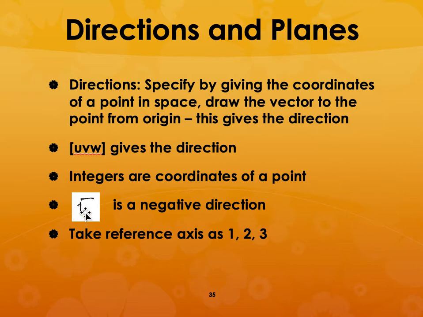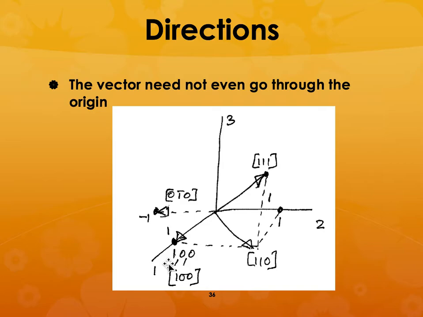If you have a direction from the origin in a negative direction, then you will have u bar, v bar, w bar, which will be a negative direction. It depends upon where the atoms are located. So if you take the reference axis as 1, 2, 3, you should be able to calculate the direction of that plane.